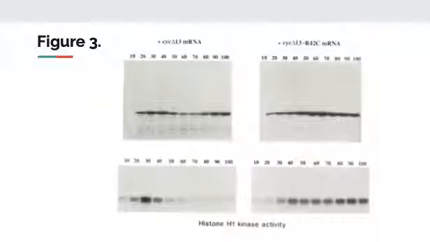In the cyclin 13 containing extract, cyclin degradation was induced 40 minutes after the beginning of the reaction, and H1 kinase activity decreased shortly after. So you can see around here, this is the 40 minutes after when it began to degrade, and you can see that the kinase activity down here also decreased.